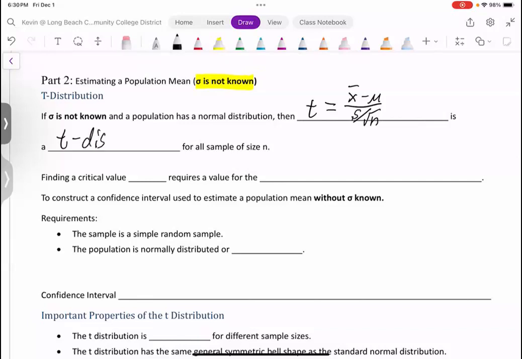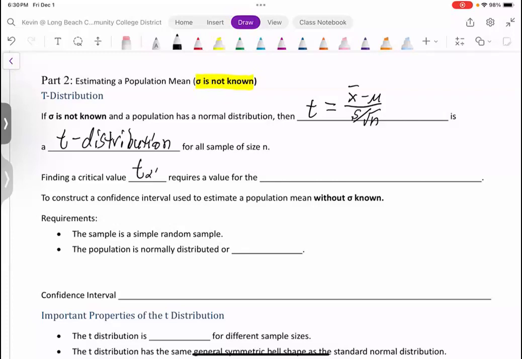T-distribution. So we are no longer using z. We're now using t for everything, for all samples of size n. Now, the difference with a t-distribution is the t-distribution completely depends on n, whereas a normal distribution does not. And we still need to find the critical value.